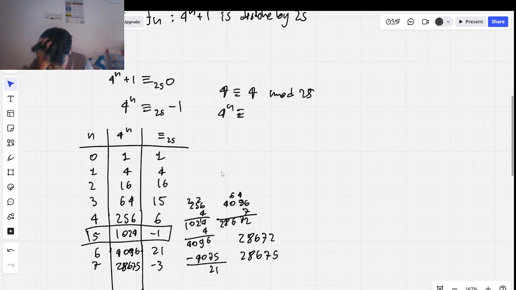4 to the n is 4 to the n mod 25. I'm not going anywhere with this. I suppose I might need a hint, but I think me looking up that I'm wrong is enough of a big hint.